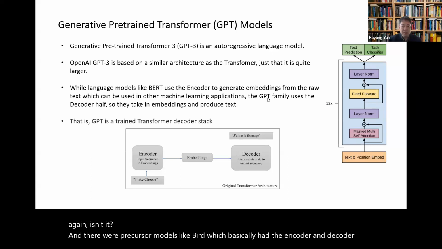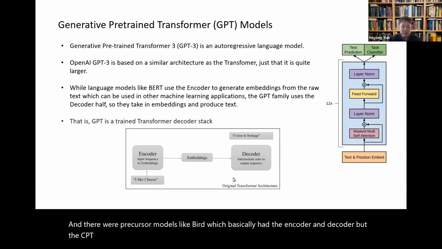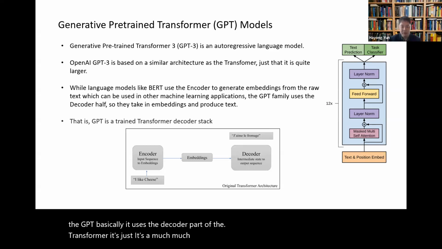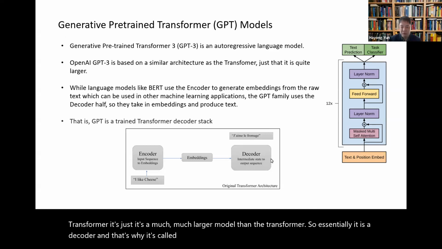But the GPT uses the decoder part of the transformer. It's a much larger model than the transformer. So essentially, it is a decoder, and that's why it's called a generative transformer, because it uses the decoder part.